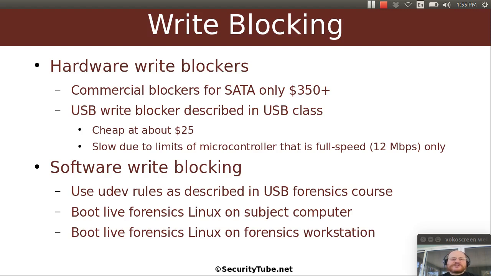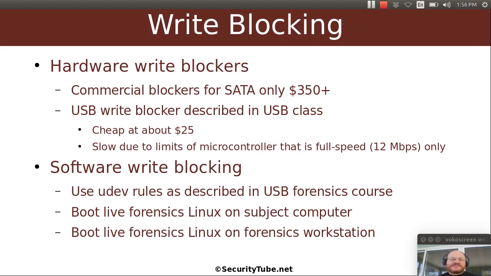Now there are commercial hardware write blockers available out there. Typically they work with only one kind of drive, although SATA is pretty much the standard today. They are out there for $350 or more, so they're not cheap. You can also use the USB write blocker as described in the USB forensics class here at Pen Tester Academy.